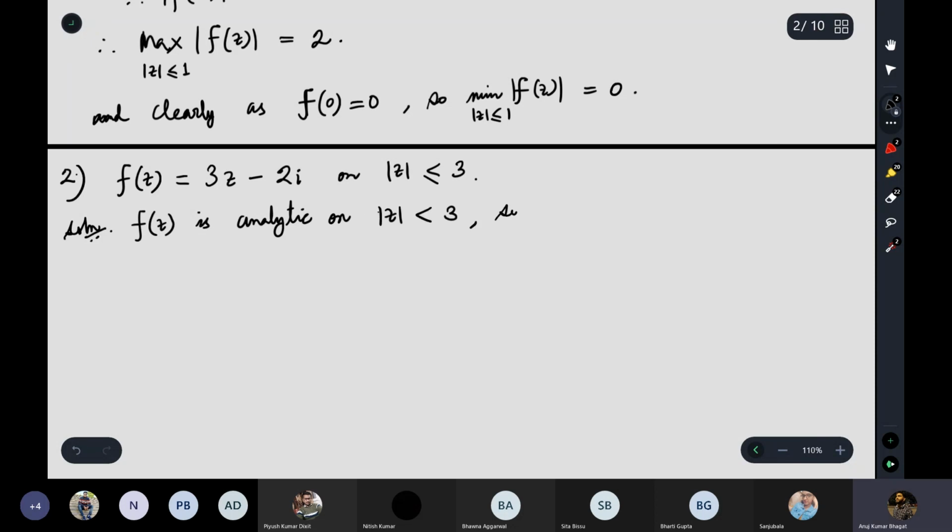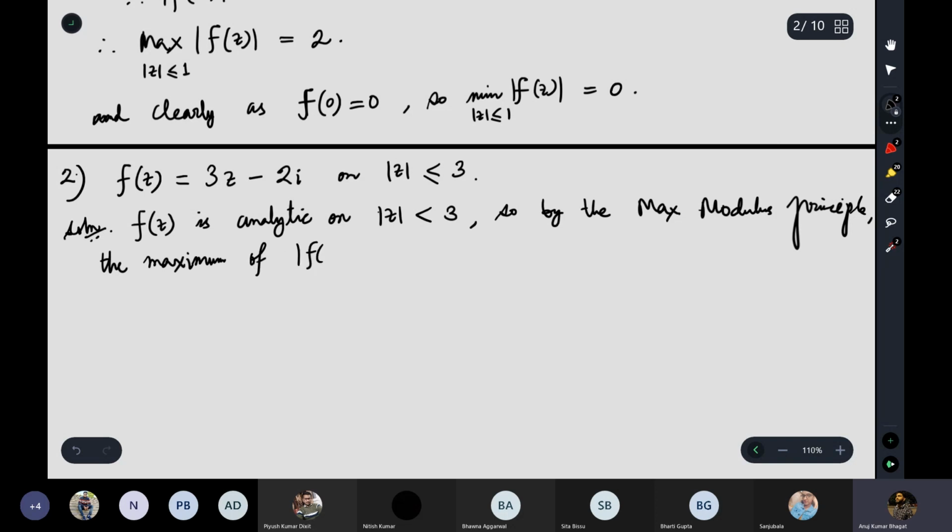So by the maximum modulus principle, the maximum of mod f(z) is attained on the boundary, that is, on mod z equals 3.